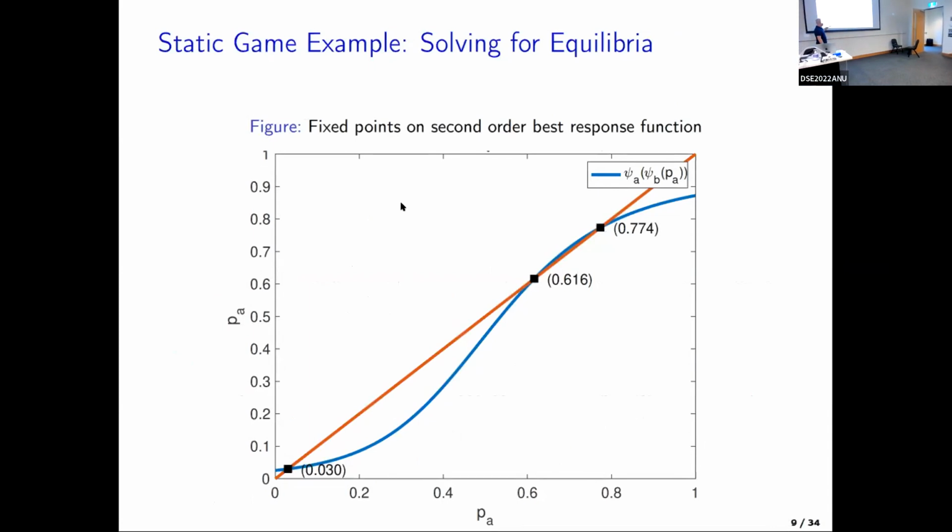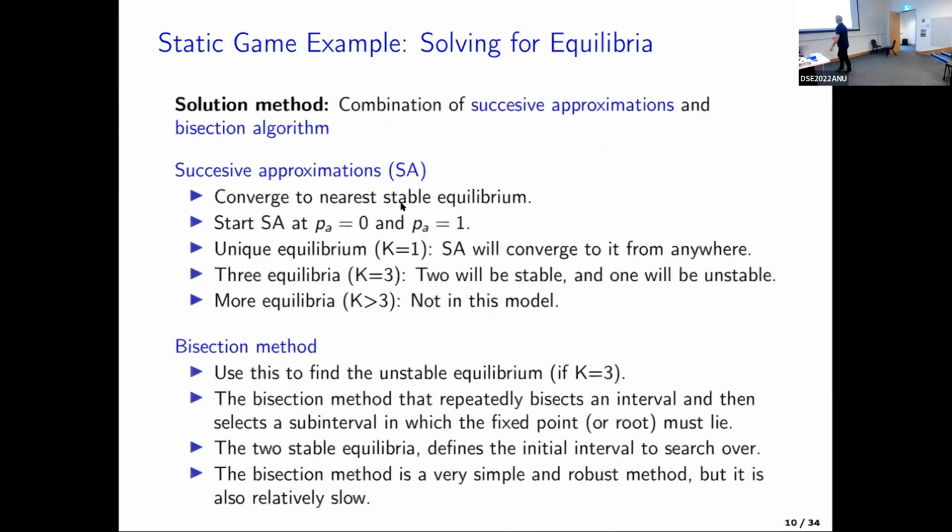One way would be to do successive approximation from one end and find one equilibrium, then do successive approximation from the other end to get to the other equilibrium, then do some sort of bracketing in the middle to trace out whether there are more equilibria, then do successive approximations to see if there's only one in there, and you go on from there and you can find all the equilibria. That's a surefire way of solving this model, and it's not that hard.